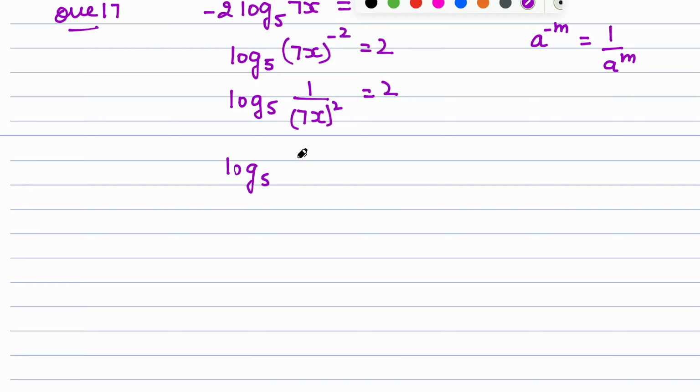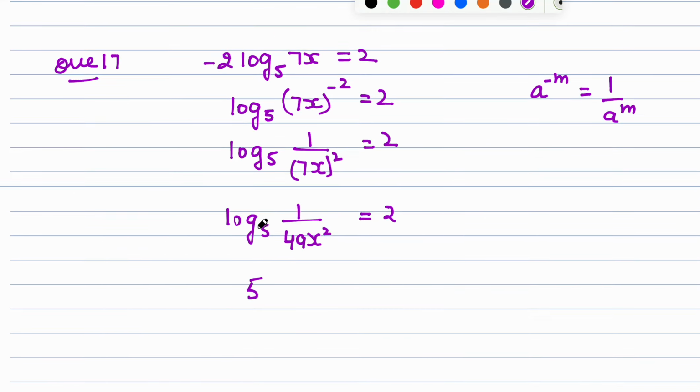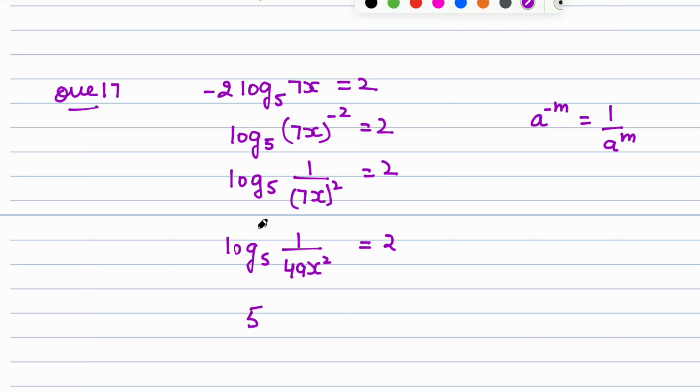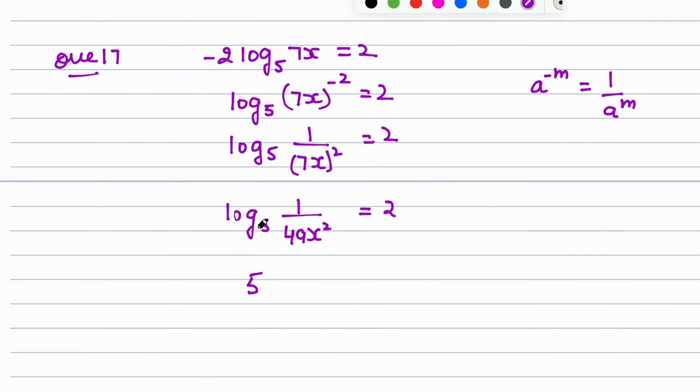So log base 5 of 1 over 49x squared is equal to 2. Now again, because we need to find the value of the variable, we will write it as 5 to the... I must have done something wrong. Okay, I'll tell you one more way.